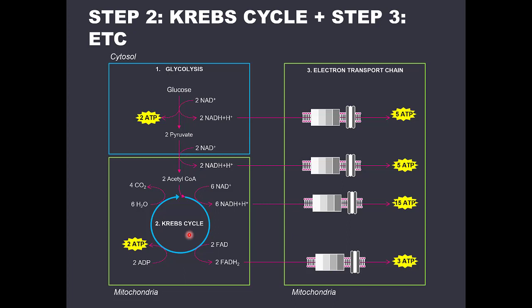Through those redox reactions, we get 6 more NADHs. We also have redox reactions that involve another oxidizing agent called flavin adenine dinucleotide, or FAD. And when FAD is reduced, it is reduced to FADH as it oxidizes molecules within the Krebs cycle. And the FADH generally serves the same purpose as NADH, which we will discuss in a few moments.